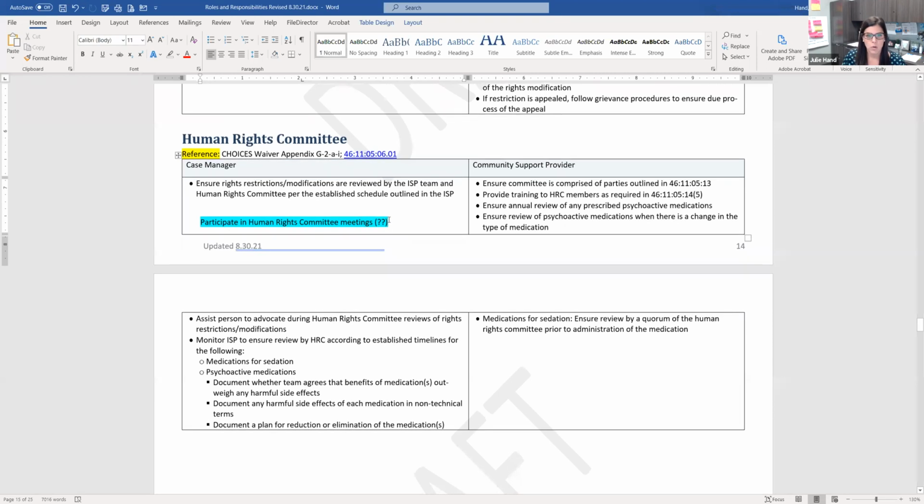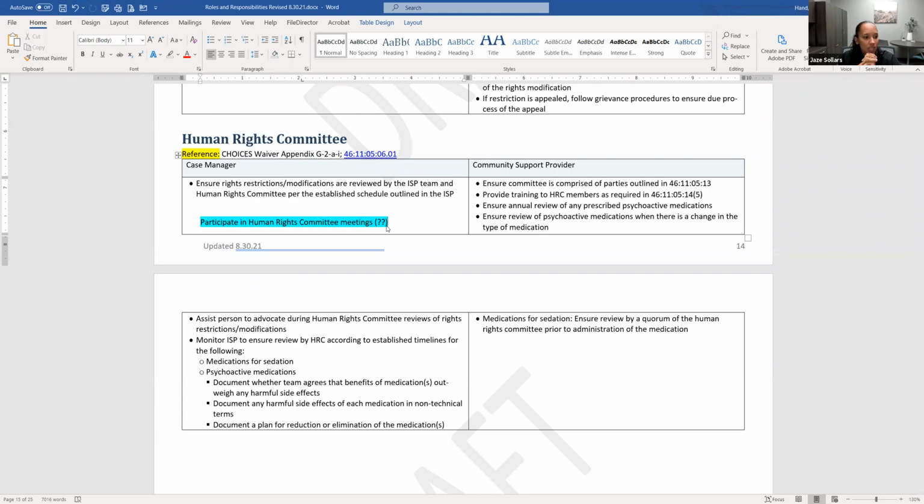Jay, there's nothing in the settings rule that requires this particular function, is there? No, the Human Rights Committee is just a state-described function.